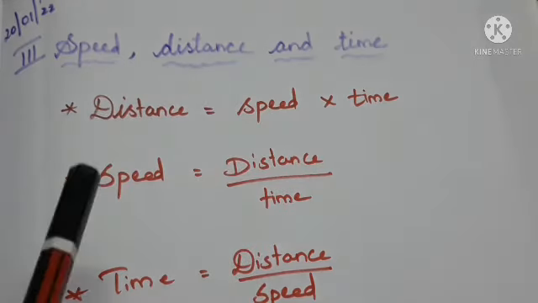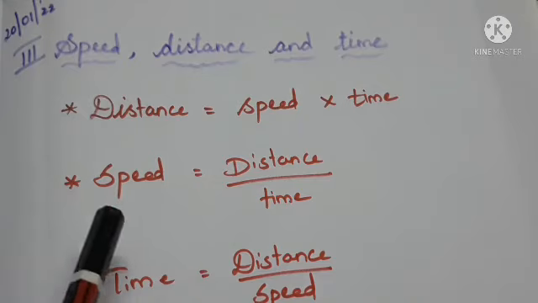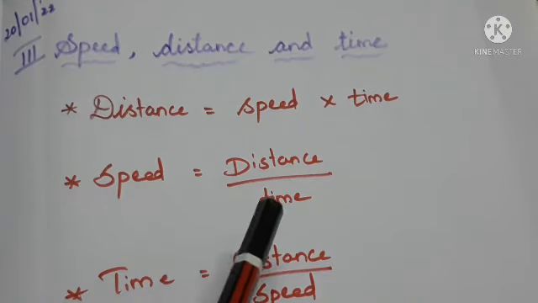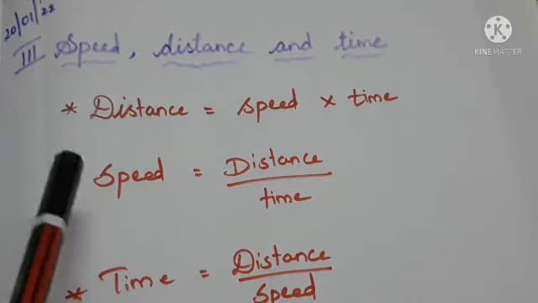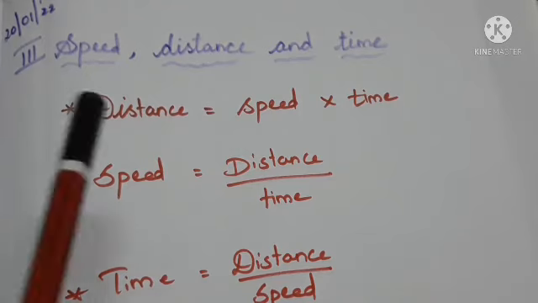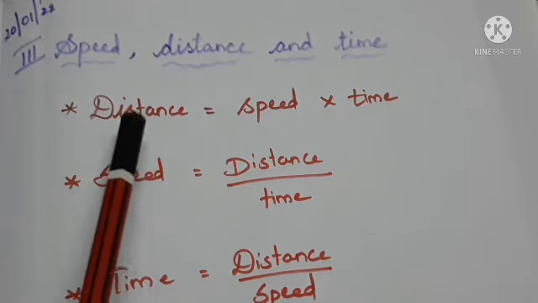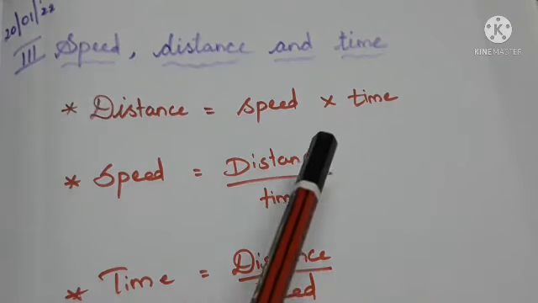Look at the next one, speed. Speed is equal to distance divided by time. These two formulas are derived from the first formula. Look at the first one, distance is equal to speed multiplied by time.